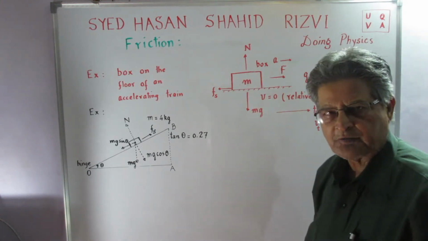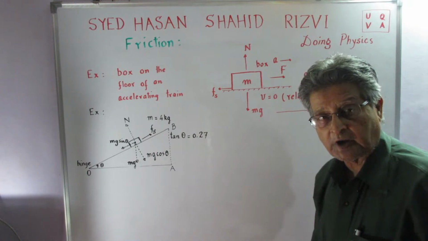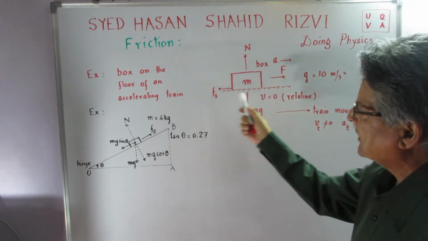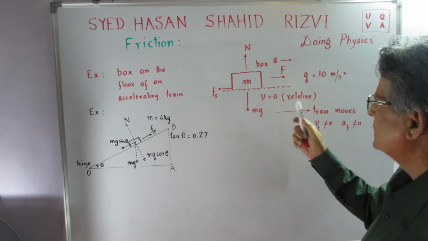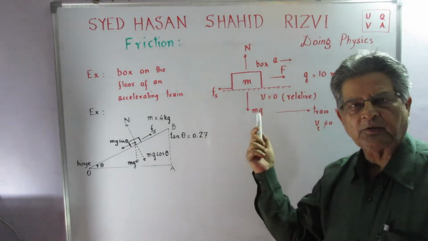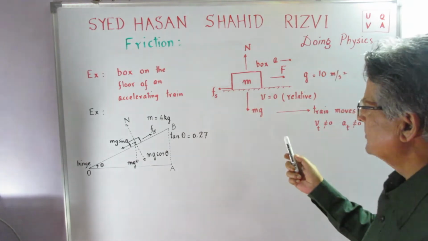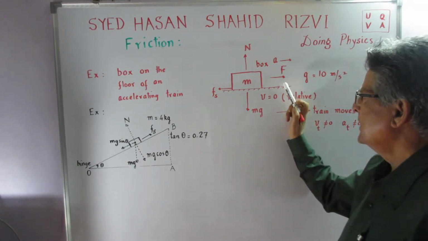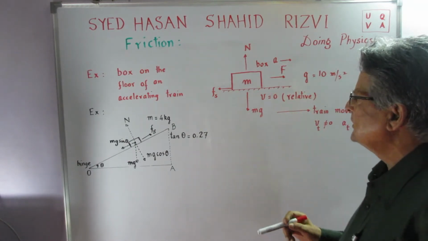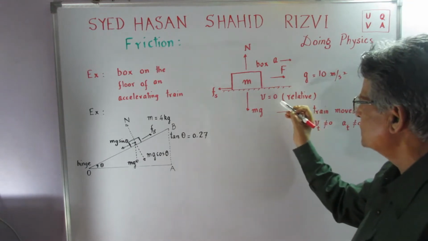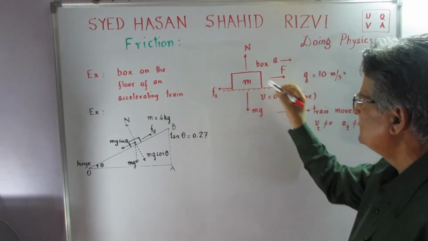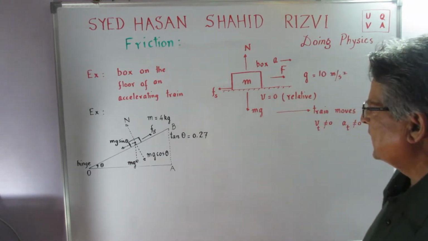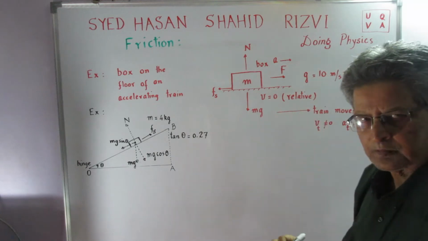Its motion will not be affected if the train, this is the floor of the train, this is the compartment of a train, is moving with a constant velocity. The motion is in this direction, and the relative motion between the two of them, the box and the floor of the train, is 0.